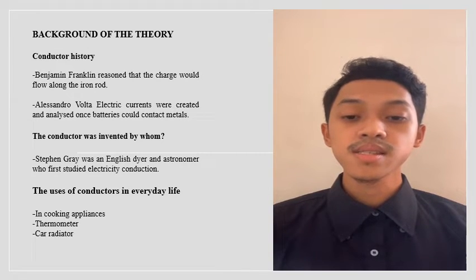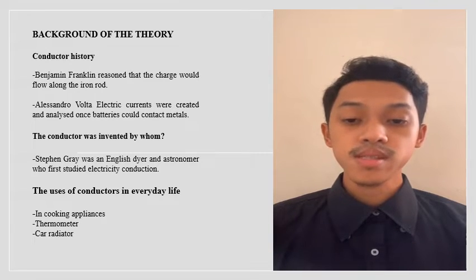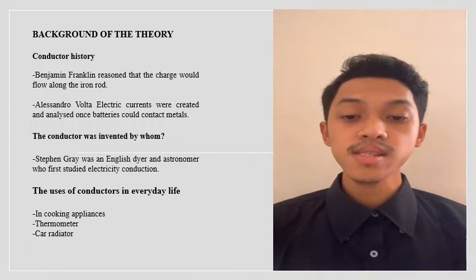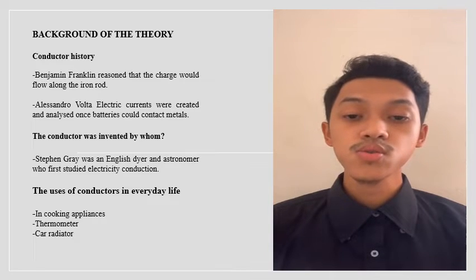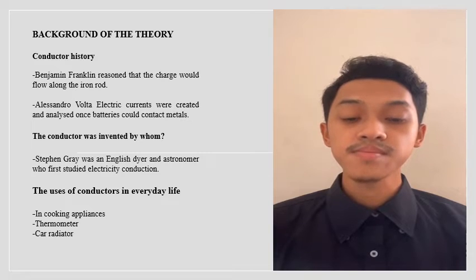Third is the thermometer. The thermometer contains mercury, which is used to test the temperature of the human body and is also a conductor. Lastly, the car radiator also uses conductor to remove heat from the engine.